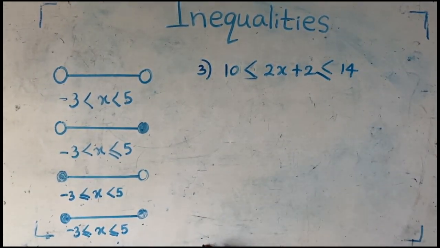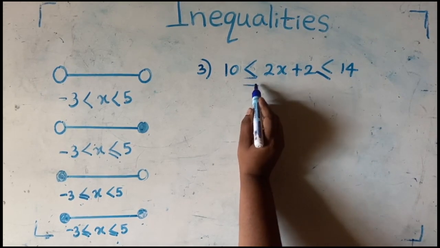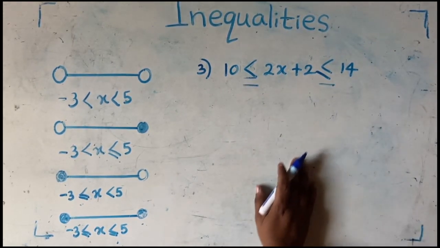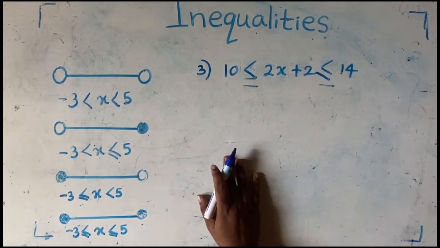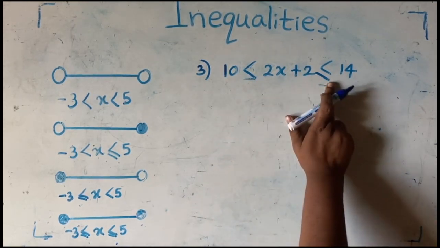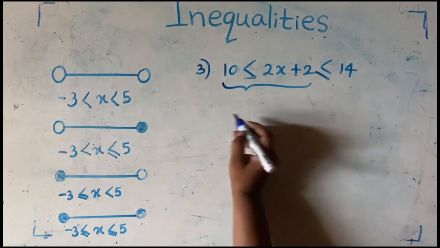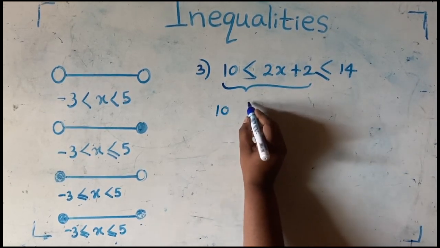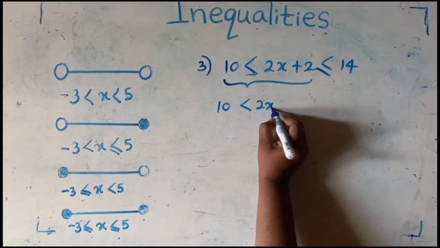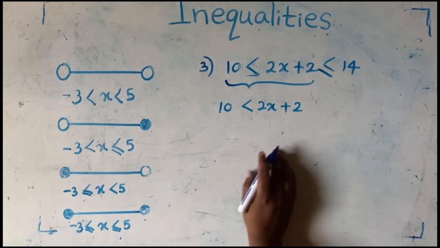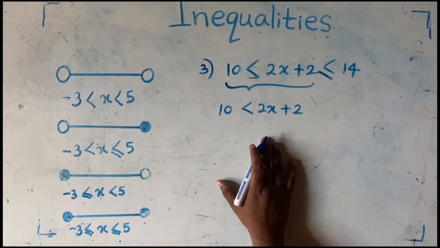If you get such a question, here also an inequality sign is there, here also an inequality sign is there. There are two inequalities. So when you get such a question, first of all you want to take this part only. That means 10 is less than 2x plus 2. I want to get the value of x only.